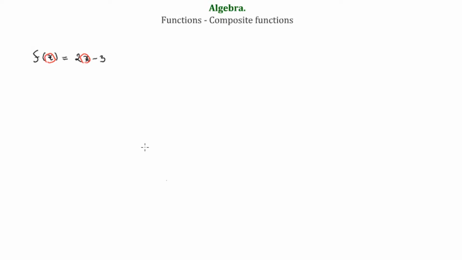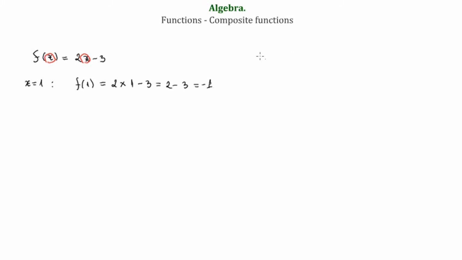So the numerical value of the function depends on the numerical value given to x. For instance, if x was equal to 1, then we would get f of 1, which we obtain by replacing the value for x with 1. So 2 times 1 minus 3 is equal to 2 minus 3, which is equal to minus 1.